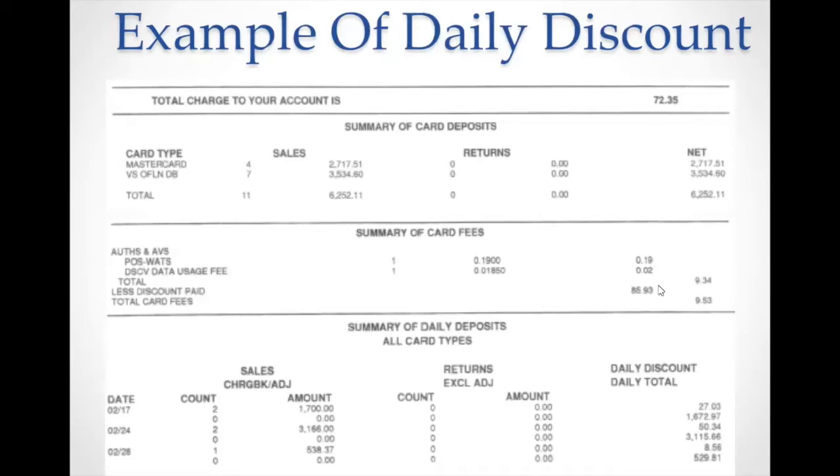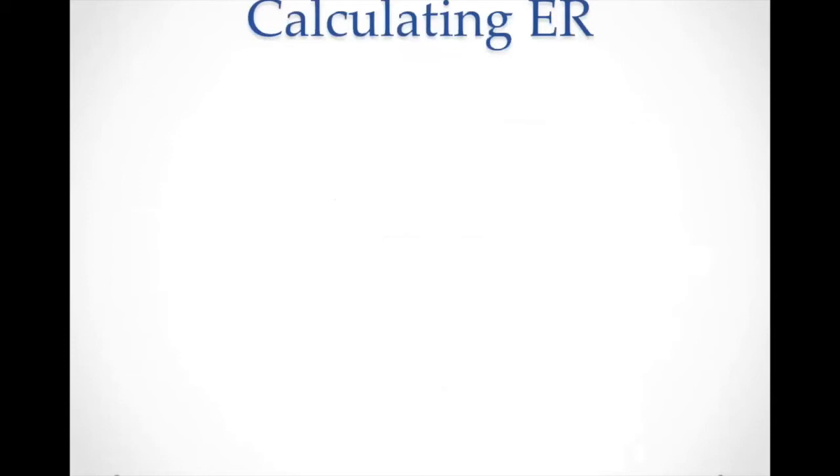You need to figure out what that money is that was withheld on a daily basis so that you can add it to the total amount to get the accurate number on what they're actually paying in fees. I'm going to give you a tip here. If you can identify daily discount and point this out to somebody who's not aware of it, they will respect the heck out of you as a professional that knows what they're talking about and how to read a statement.